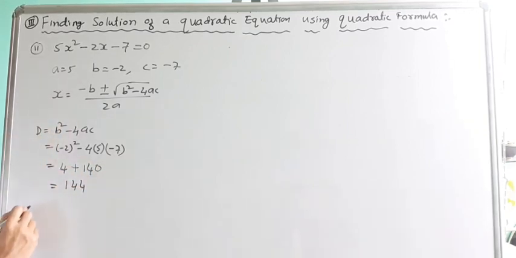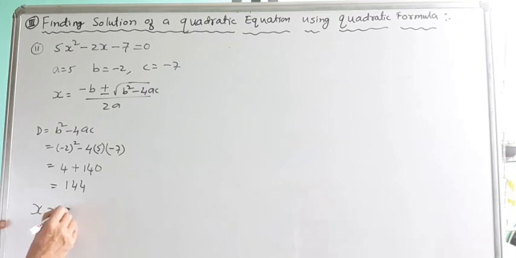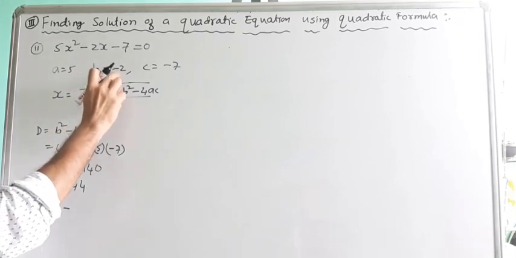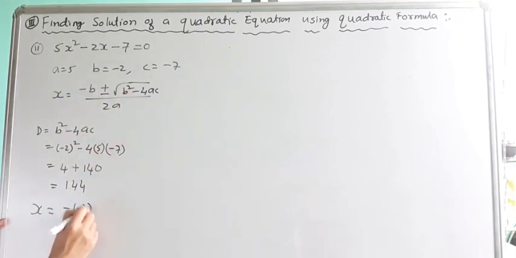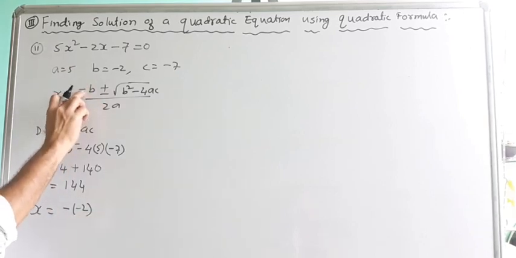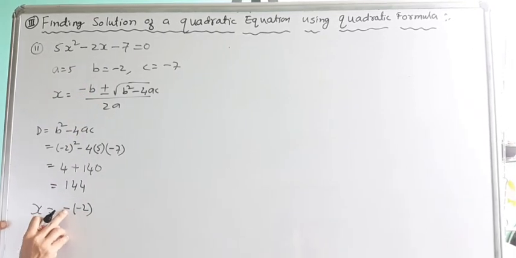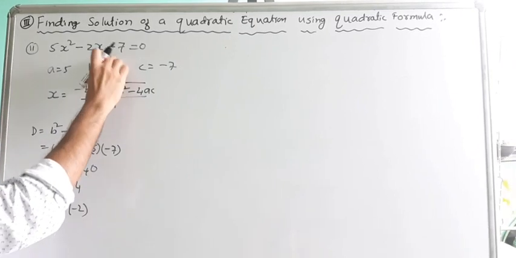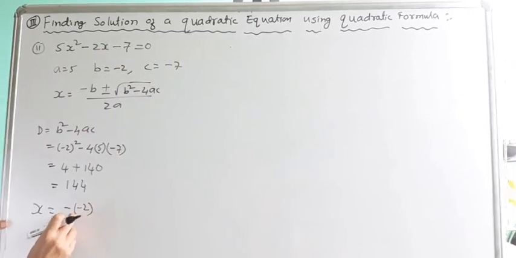And therefore x is equal to minus b. b is minus 2, so minus of minus 2. Don't make a mistake here: first we have a minus sign, and the value of b is minus 2, which I am substituting by putting a bracket.